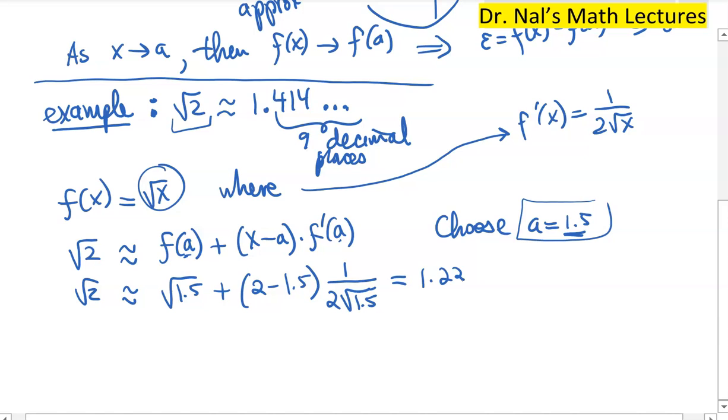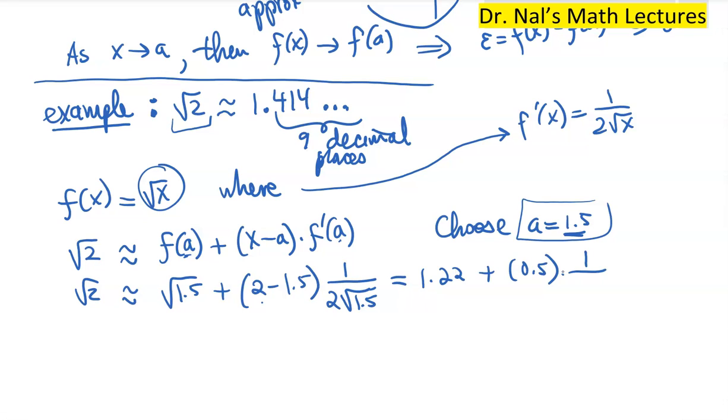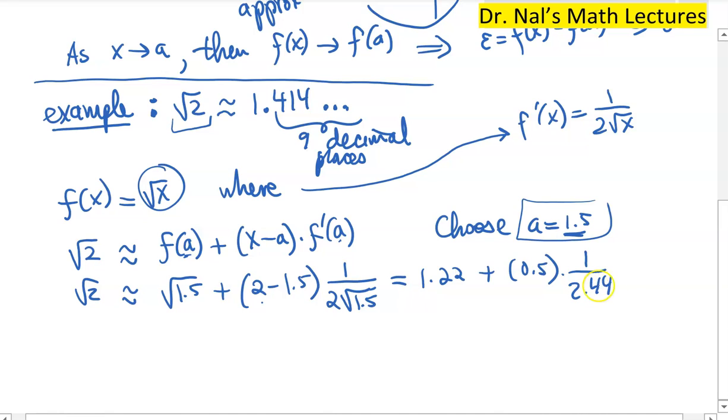Okay, let's have it like this. Plus, 2 minus 1.5 is 0.5. And then 1 over 2 times square root 1.5, so just times 2, I guess. So that's 2.44, or maybe I should add one more digit of accuracy because it's an extremely close call.